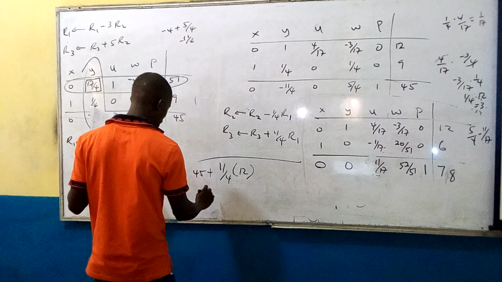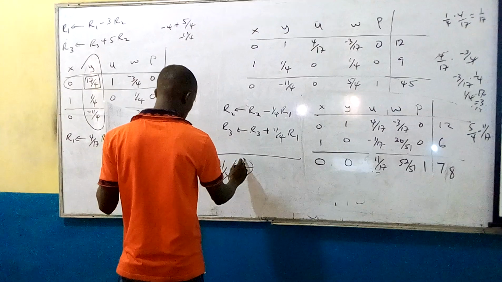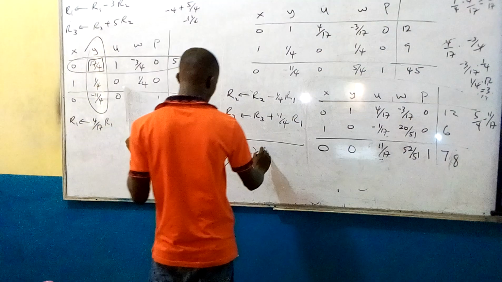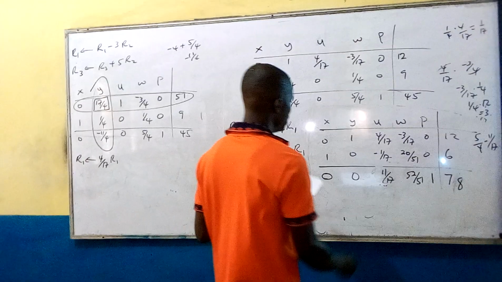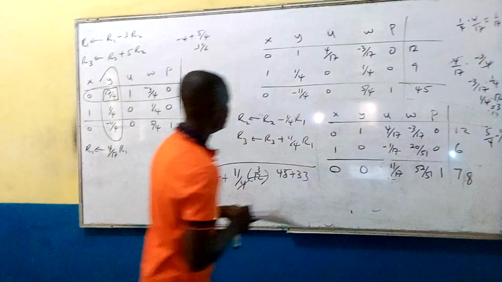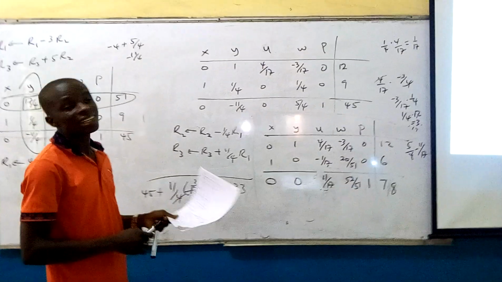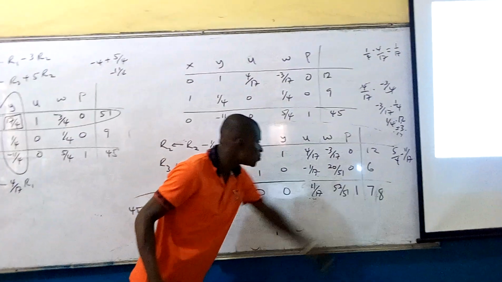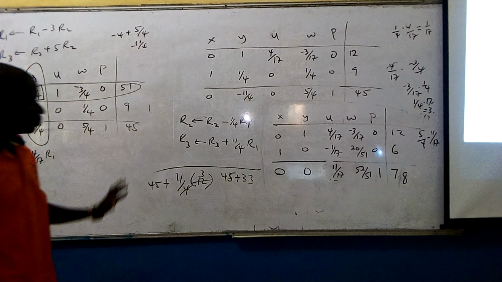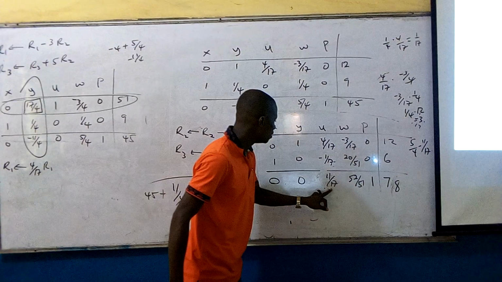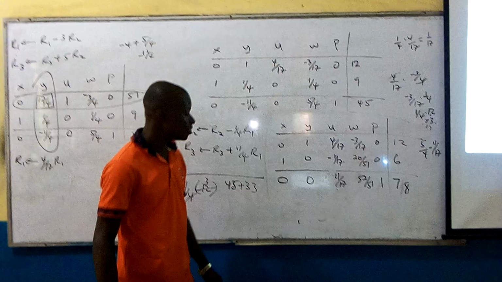Yes. So 45 plus this 33 will give you 78. Exactly. Now after this, we check the last row again. Are there any negatives? No, there are no negatives. So that means we are done with the alteration.